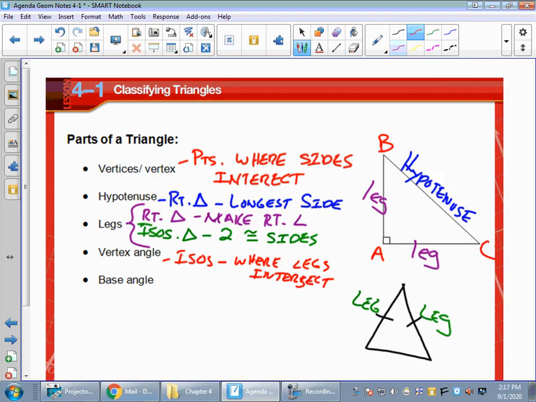So in this case, in our example down here, you've got one leg, and we would say that this would be the vertex angle here. Okay? And finally, the base angles, again, are in an isosceles triangle, and those are going to be the angles where the legs and base intersect.